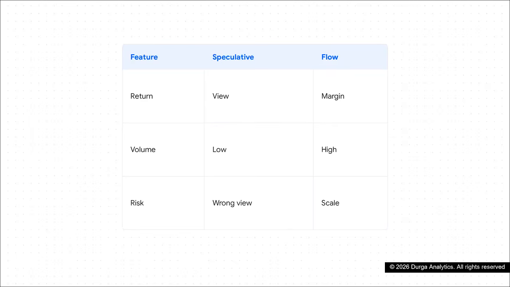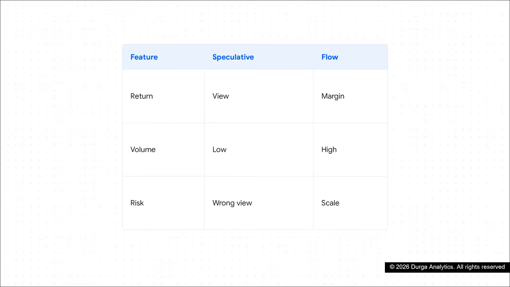A speculative return comes from being right about a direction or a spread view. A flow return, on the other hand, comes from the margin on intermediated volume, which is typically 10 to 20 times higher than speculative volume. In a speculative book, positions are held deliberately, but in a flow book, they appear incidentally, kind of just left over as residuals. Because of this, your main risks are totally different.